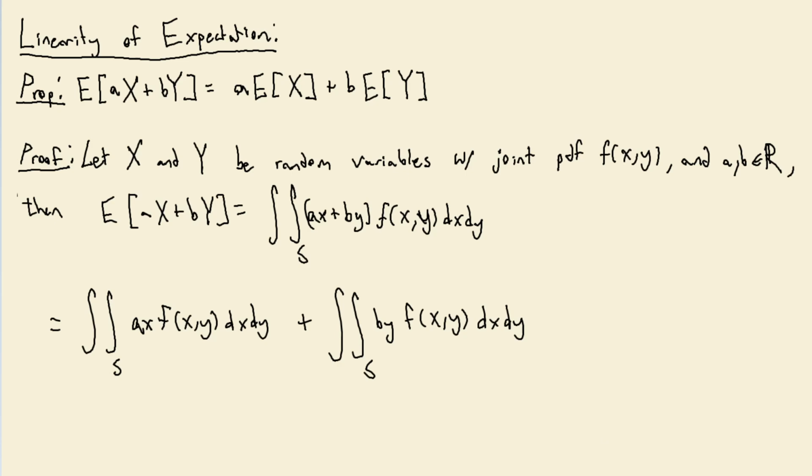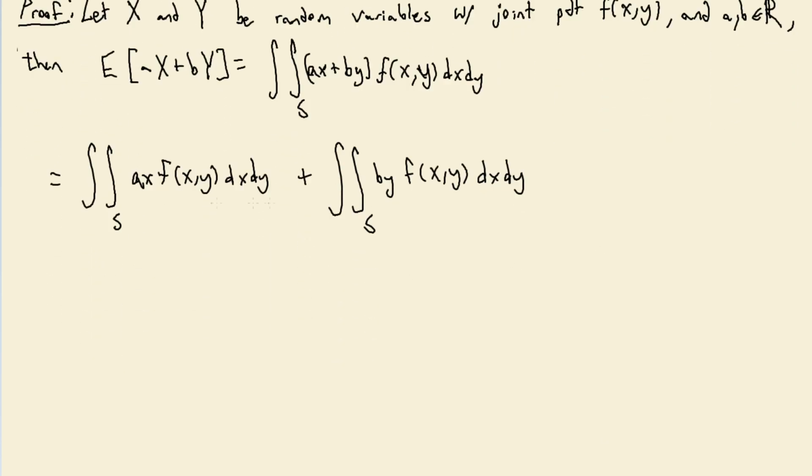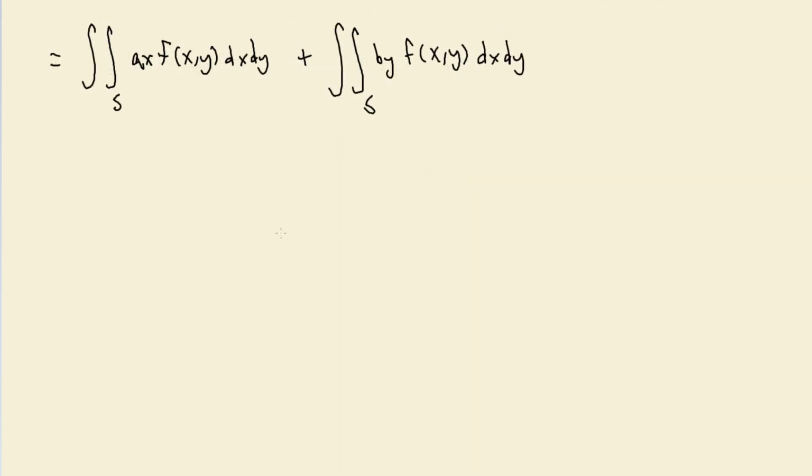Then in this case, we can actually switch the order of integration, because we want to pull the x out. We could pull the b out completely since it's just a constant, so this would just be b times the integral.